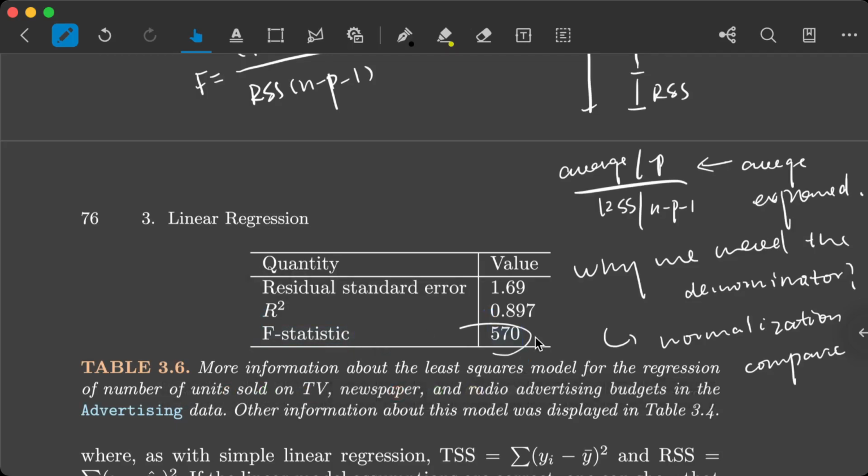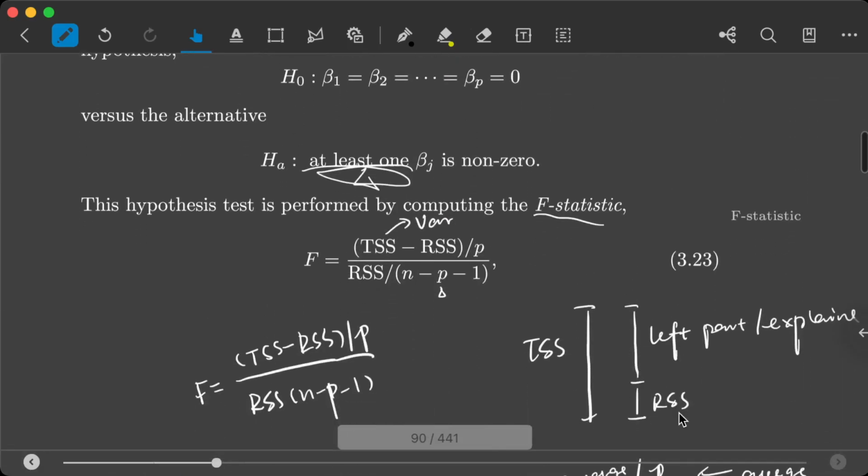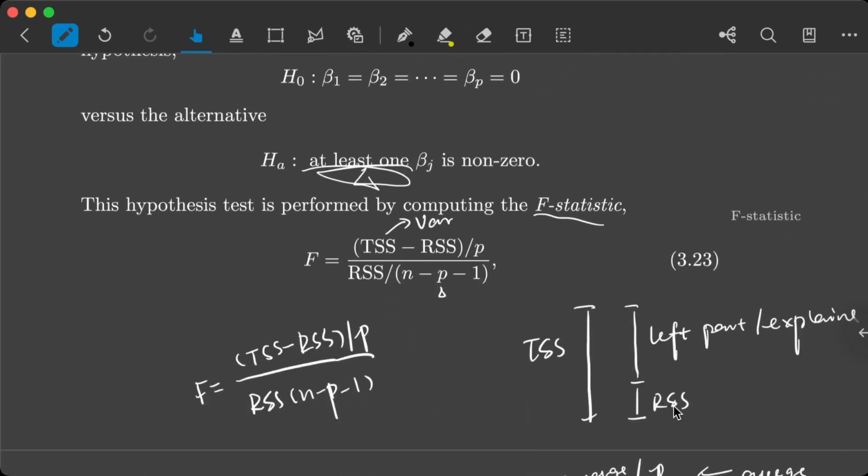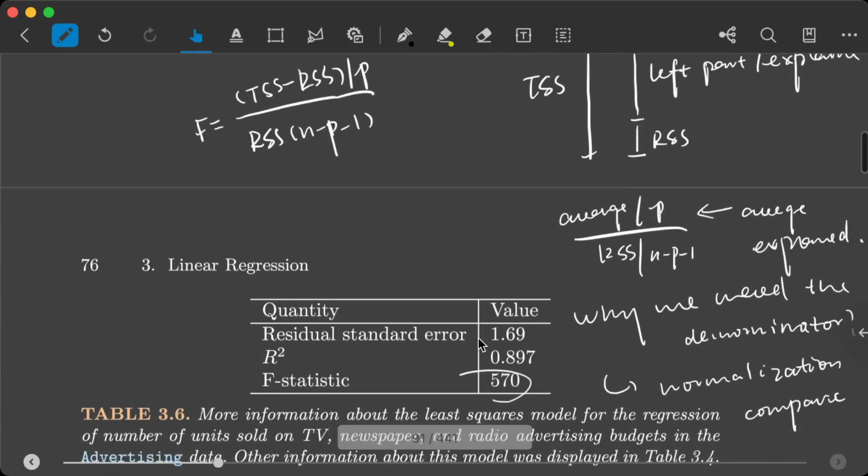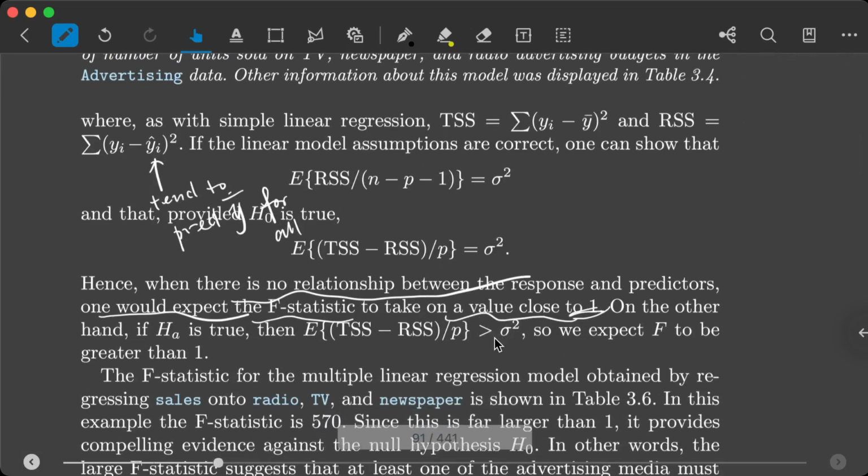When it's close to 1 or 0, it means that there is almost no relationship between X and Y, or we cannot estimate Y from X. And in some cases it's very large, like in this case, almost 500. So it means that we have a very small ISS compared to the explained part. So it means that these predictors help us a lot to predict Y. Okay, great.